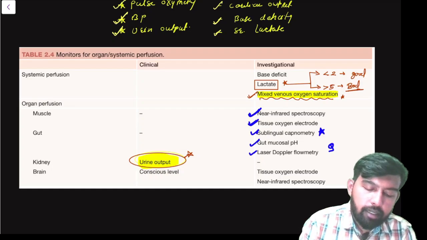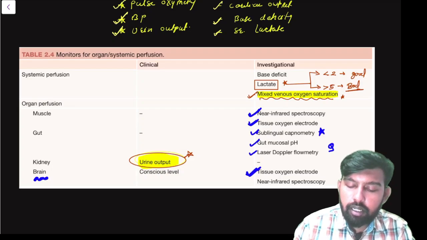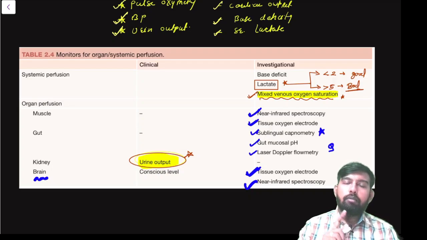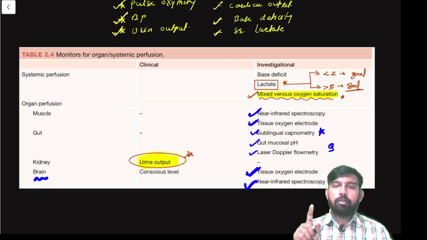Kidney, brain is monitored by the tissue oxygen electrode and the near infrared spectroscopy. In GIT, remember that the gastric mucosa is more sensitive to hypoxia, and the hypoperfusion will result in the formation of the stress ulcer in case of a shock.